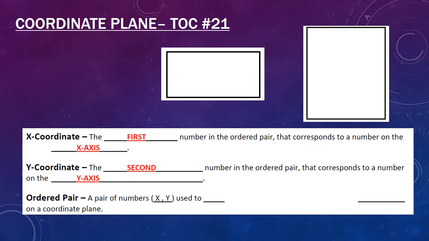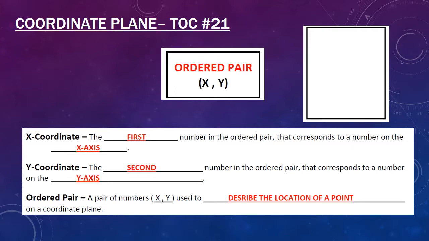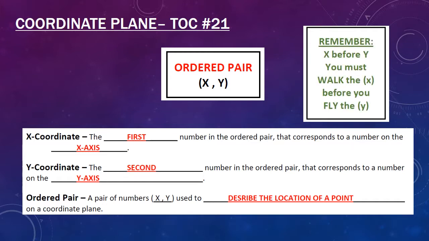And the first number is where they are on the x-axis, and the second number is where we are on the y. And it's used to identify or describe the location of a point on the coordinate plane. So up above, I'm going to have you write this in just a little bit, but an ordered pair basically is x, comma, y. And an easy way to remember that is x before y.